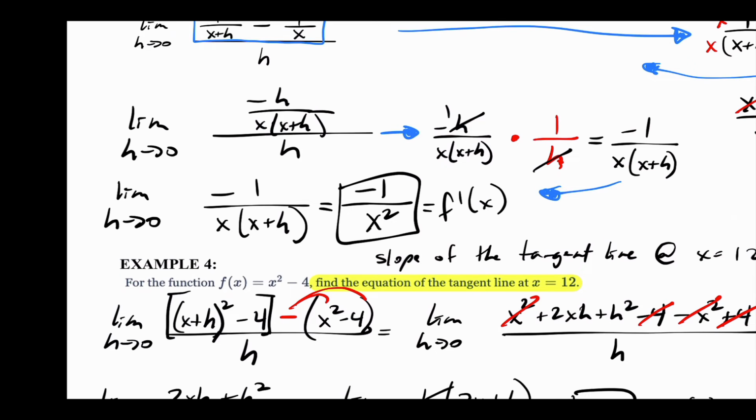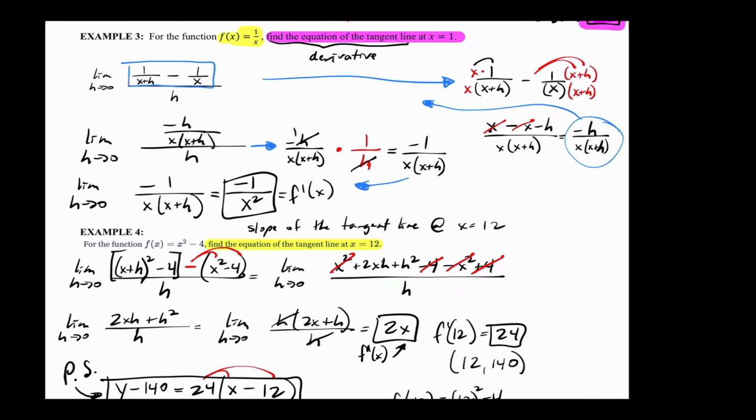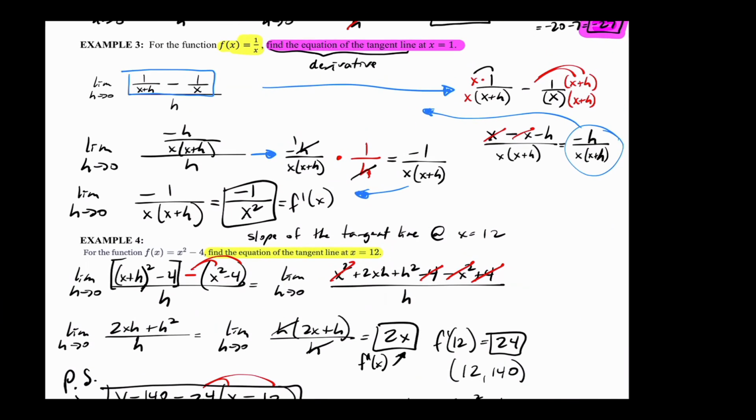Okay? But that's not what they're asking for. They weren't asking for the derivative. They're asking for the equation of the tangent line. So I have to use the derivative. I ran out of space here, so let me move down a little bit further.